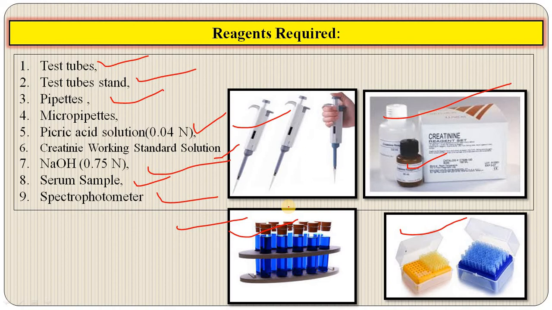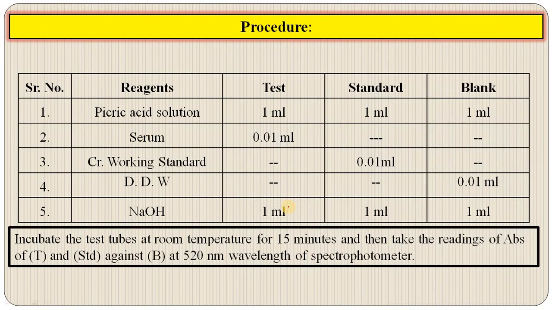After this, we have to see the proper procedure for estimation of serum creatinine in the laboratory. This test is very simple. We have to just prepare the reagents in different concentrations, like we have to prepare 0.04 normal picric acid, 0.75 normal sodium hydroxide, and 2% creatinine working standard.